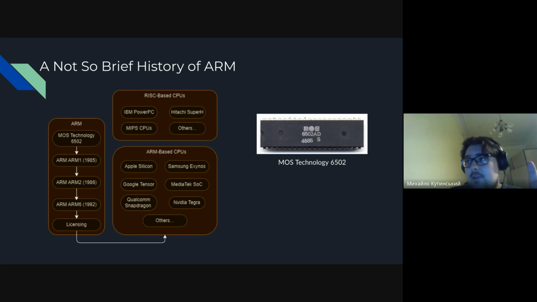A not so brief history of ARM began in the 1970s. Most of the systems back then, like the Apple II, were using the MOS Technology 6502, an 8-bit processor. In 1985, ARM Ltd created the first sample of ARM1, their first 32-bit CPU.